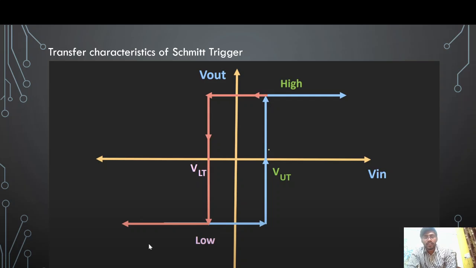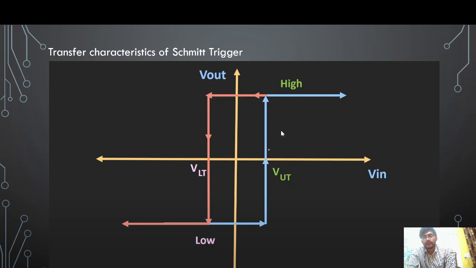If our input signal is less than the upper threshold value, our output will remain low, and as soon as it crosses the upper threshold level, our output will become high.